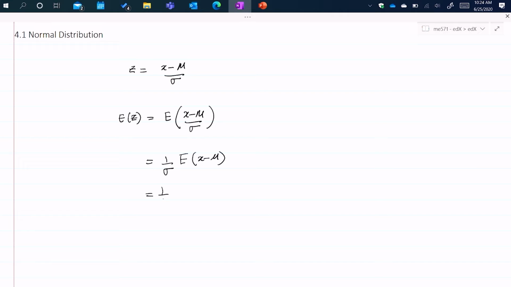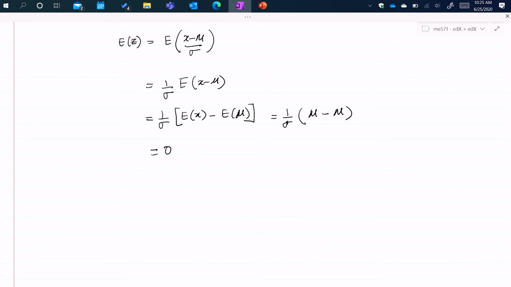I can write that as 1 over sigma times expected value of x minus expected value of mu, because expectation of a sum is the sum of expectations. And this I can write as 1 over sigma times, expected value of x is mu, expected value of a constant is also mu. So this is equal to 0. So the expected value of z is 0.